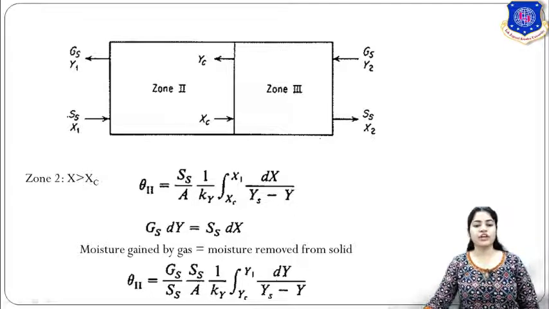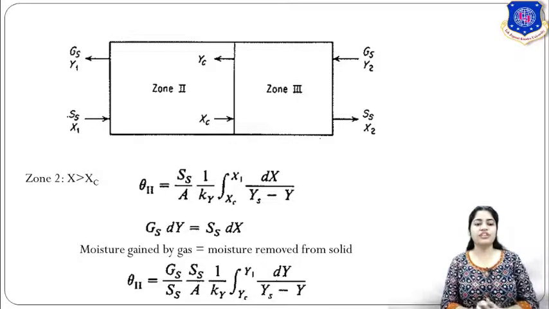First, talking about zone 2, here the moisture content is more than the critical moisture content, hence this is the formula. Now this is the mass balance: Gs dY is equal to Ss dX. Moisture gained by gas is equal to moisture removed from solid.